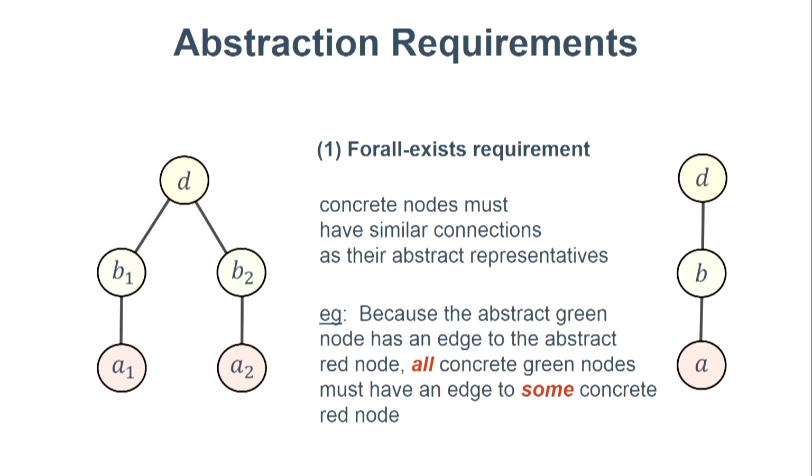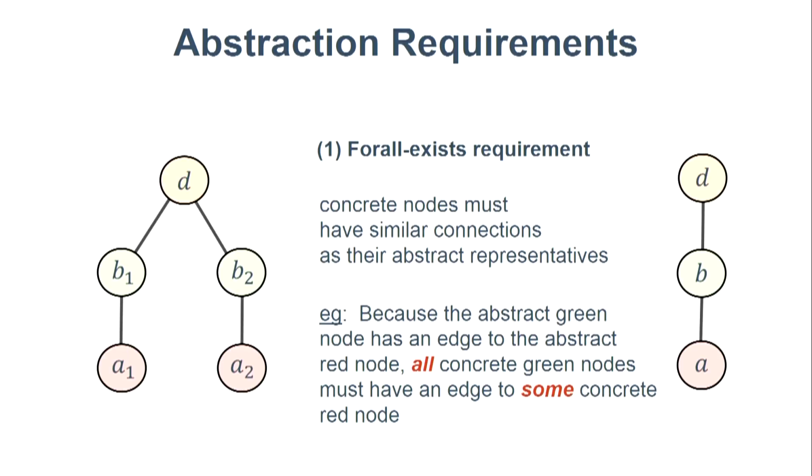Okay, so I mentioned that we need some kind of quick test that will guarantee the similarity of concrete and abstract networks. One component of that condition is what we call the for all exists requirement. Intuitively, it says that concrete nodes have to have similar connections topologically as the abstract nodes.